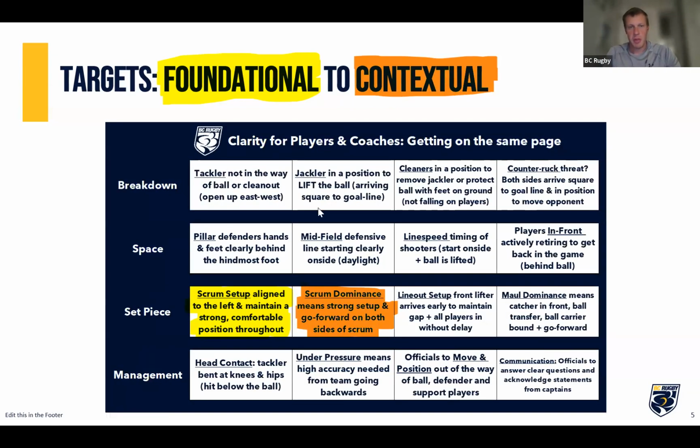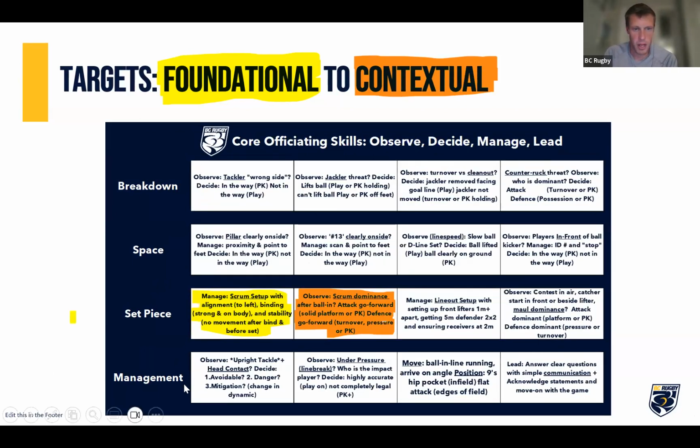What we try to communicate to get players and coaches on the same page is what that means in terms of team. So obviously being aligned to the left, maintaining a strong and comfortable position throughout, words that we've developed with coaches. But what does that look like from a referee point of view?